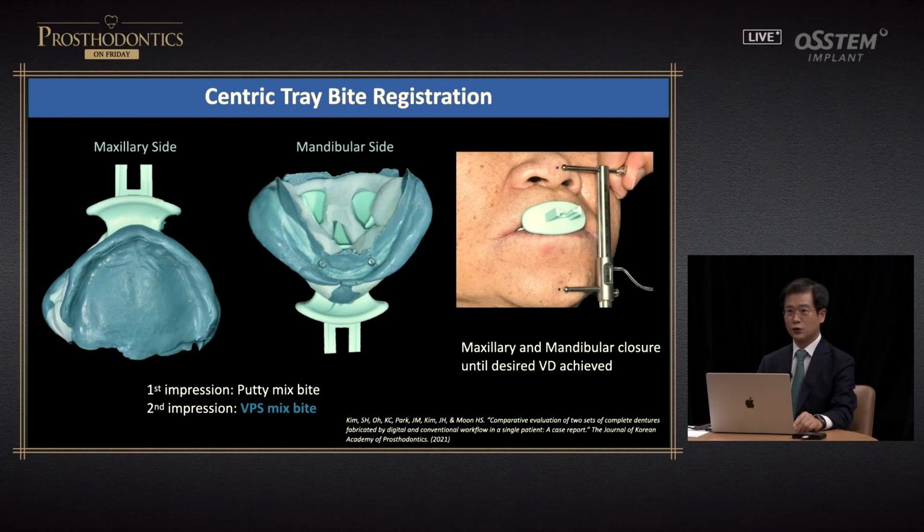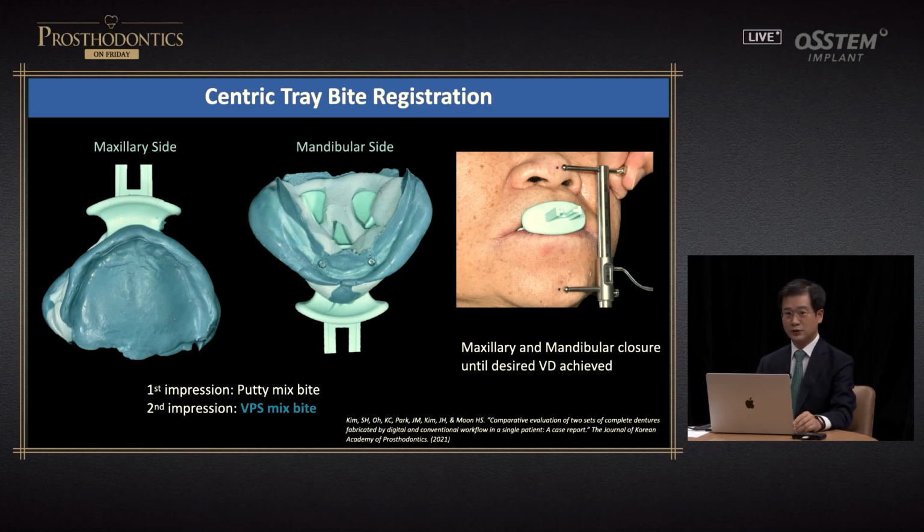Then with the patient looking at the mirror, I practice the vertical dimension. Then with the centric tray, I let him adjust to the new things. If you do this first, the patient would find it uncomfortable. Mostly the vertical dimension is registered a bit low.